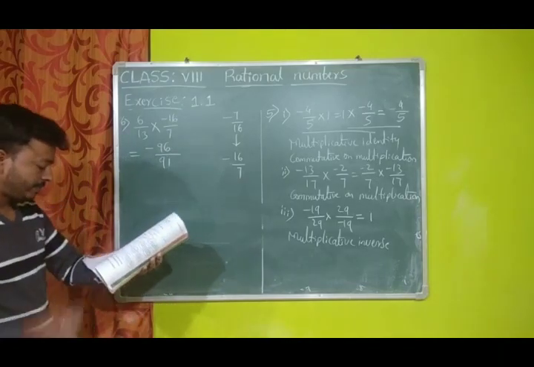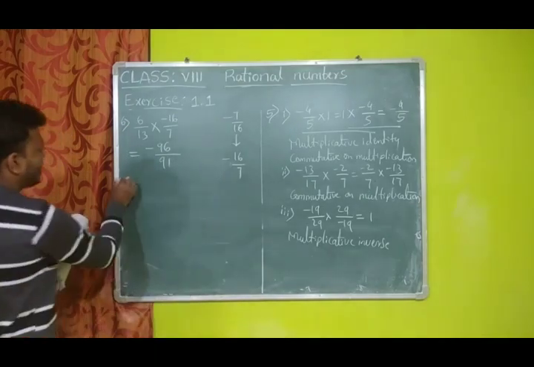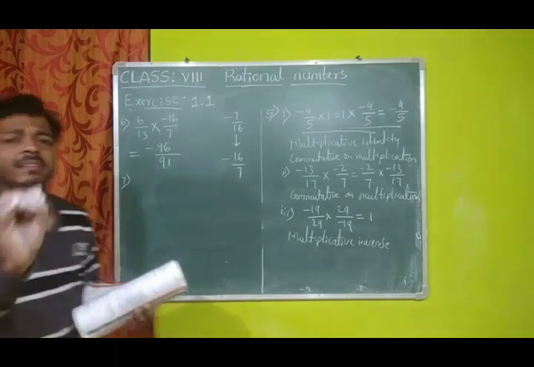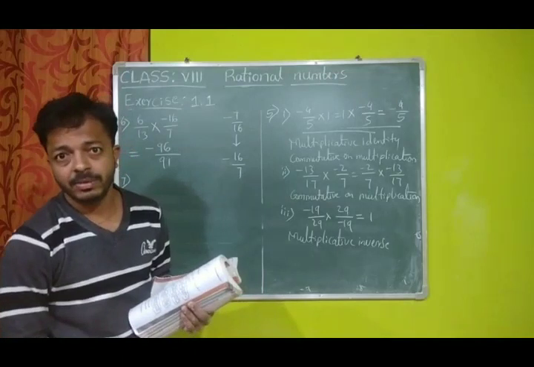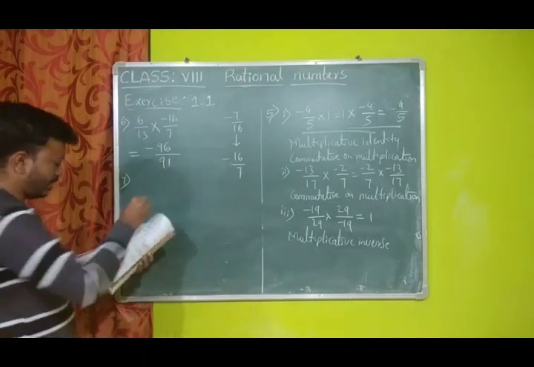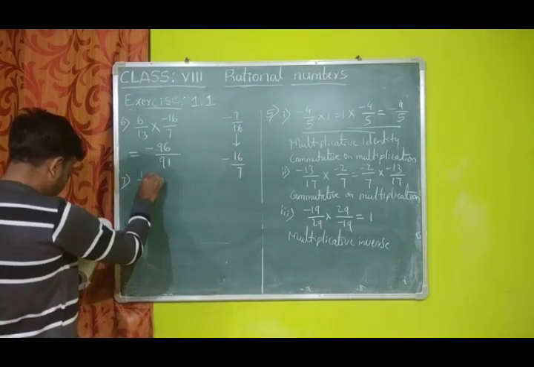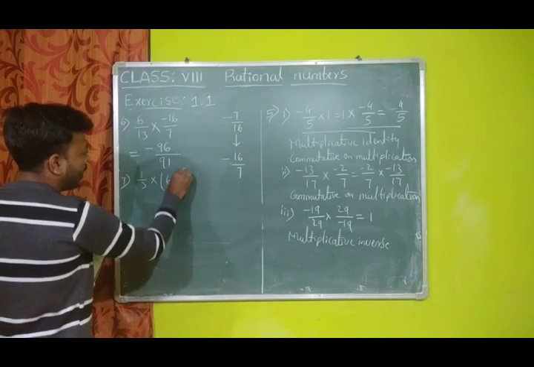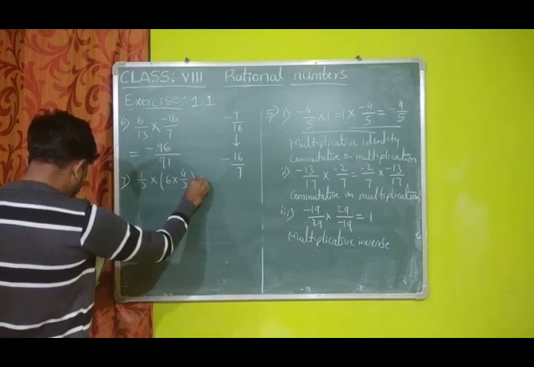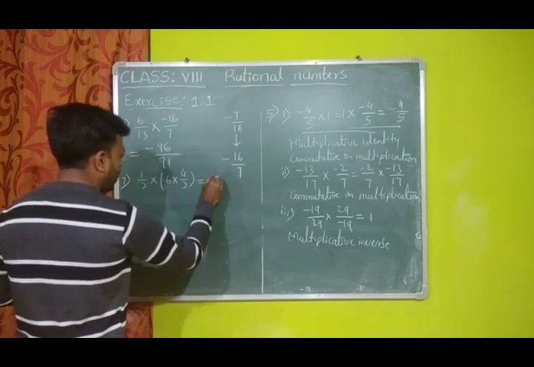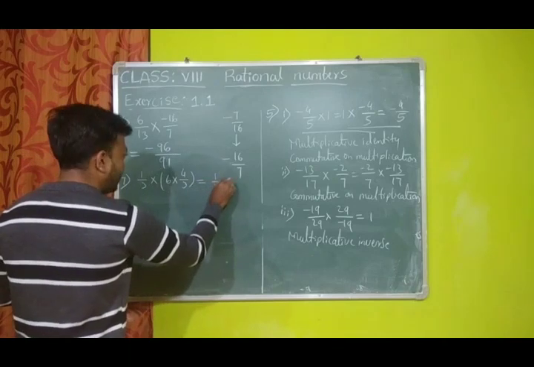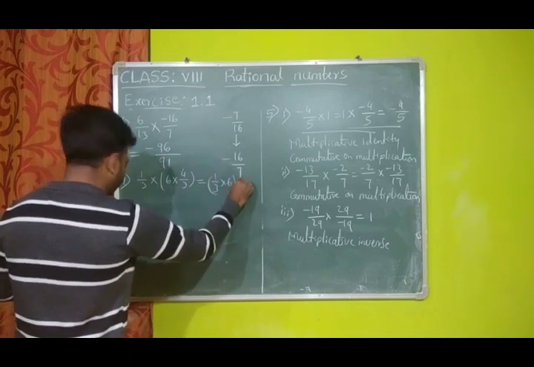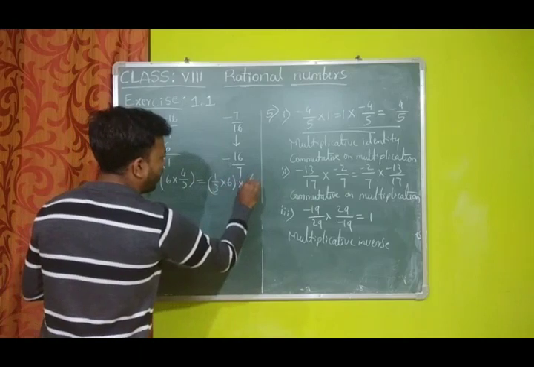And next, the seventh one is also simple. You just have to say which property they used. Here 1 by 3 multiplied by 6 multiplied by 4 upon 3 equal to 1 by 3 multiplied by 6 multiplied by 4 upon 3, with the brackets placed differently.